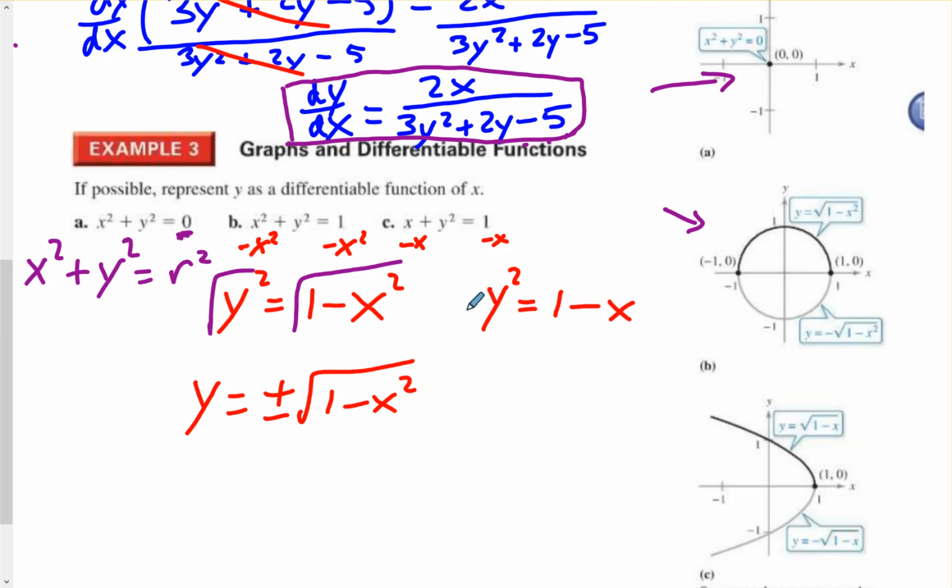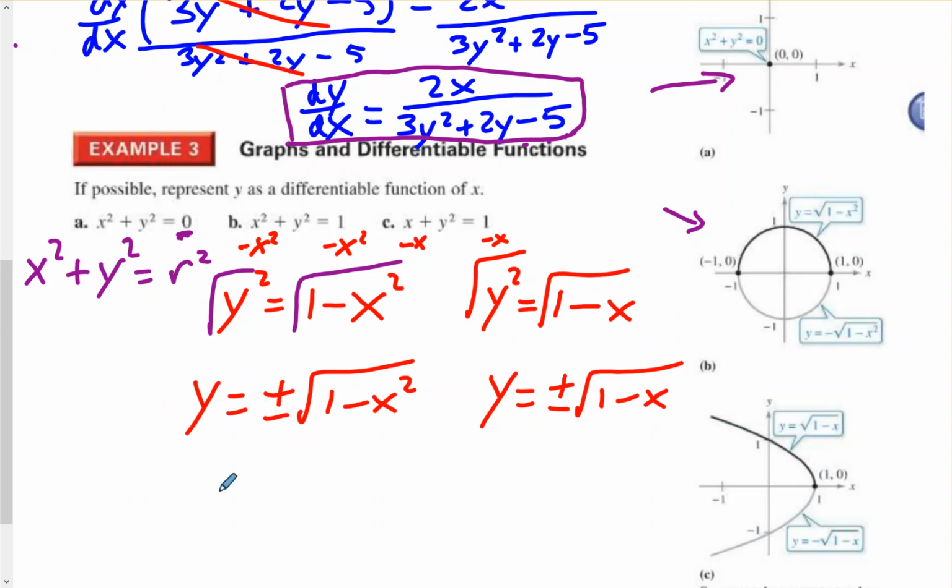Again, take the square root. So we have y equals plus or minus the square root of 1 minus x. Okay, so similar idea. The positive version with the plus in front will be the top half of the parabola. The minus version will be the bottom half of the parabola.